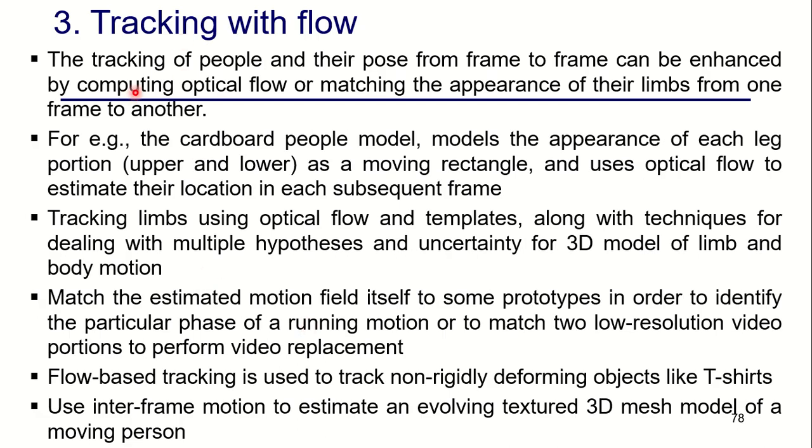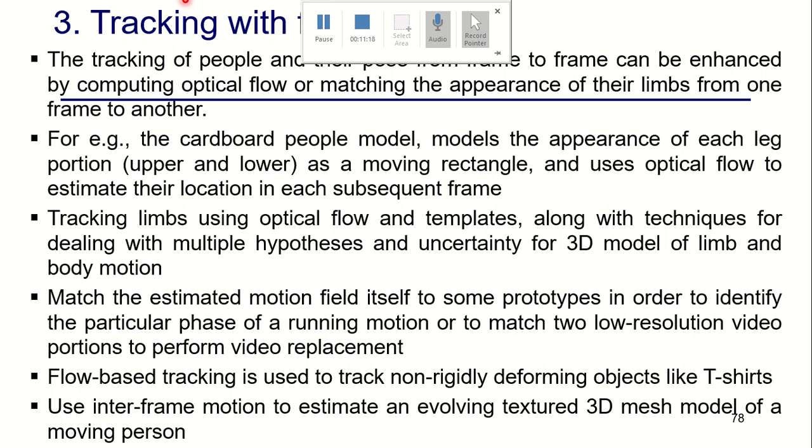Tracking with flow. The tracking of people and their pose from frame to frame can be enhanced by computing optical flow or matching the appearance of their limbs from one frame to another. For example, the cardboard people model models the appearance of each leg portion, upper and lower, as a moving rectangle and uses optical flow to estimate their location in each subsequent frame.